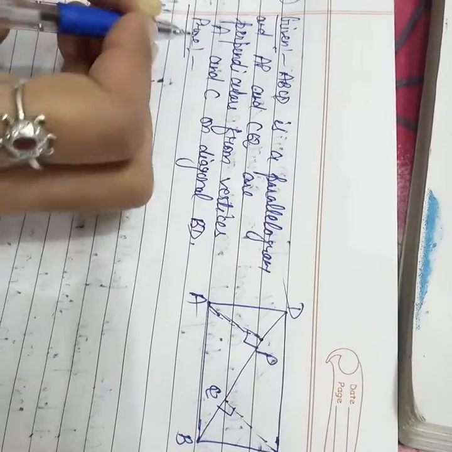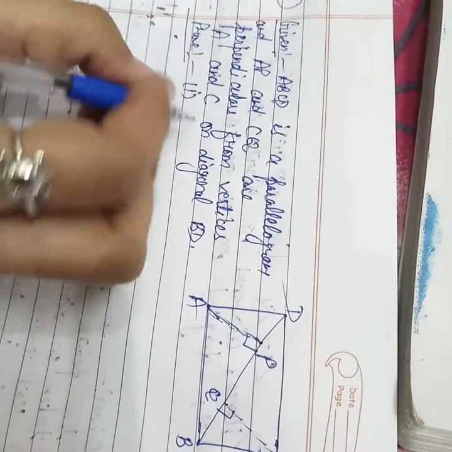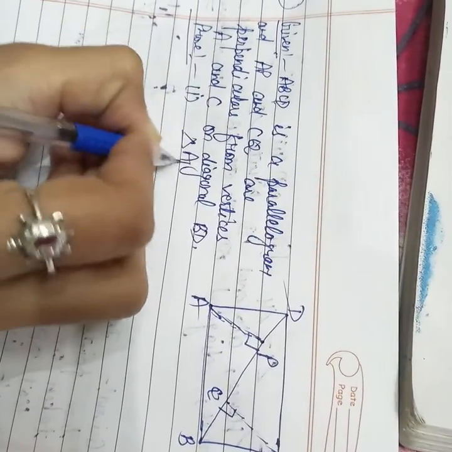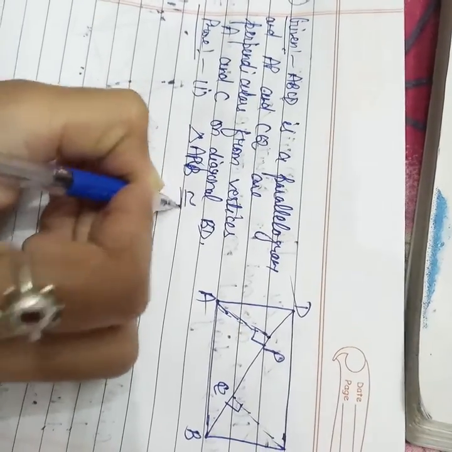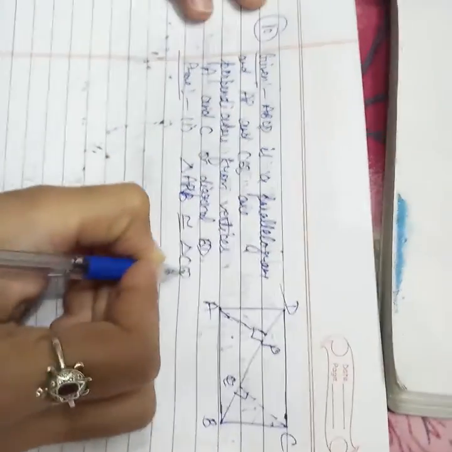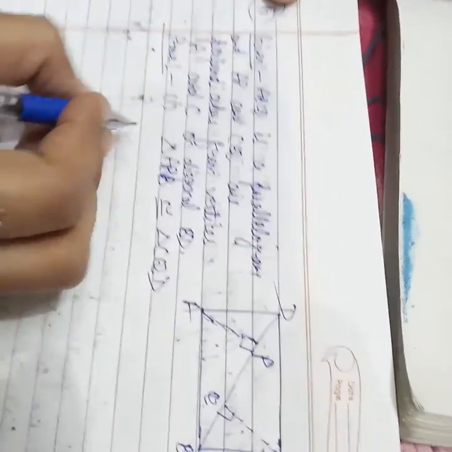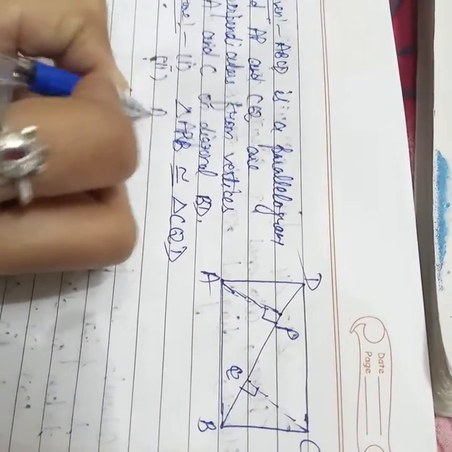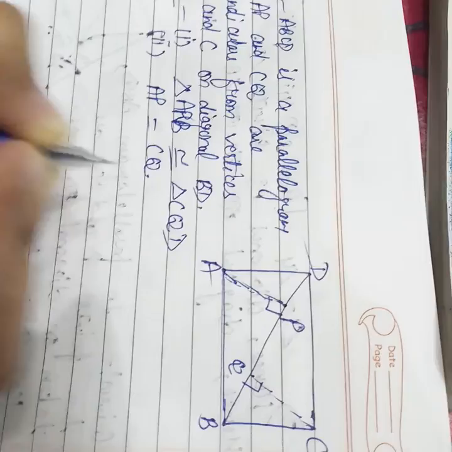We have to prove 2 points. First point is triangle APB is congruent to triangle CQD, and second part is AP equals to CQ.